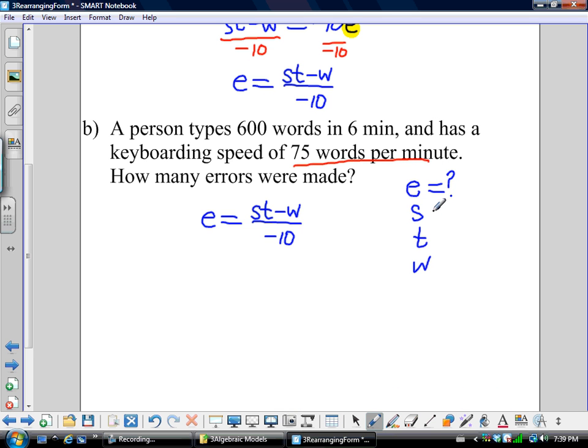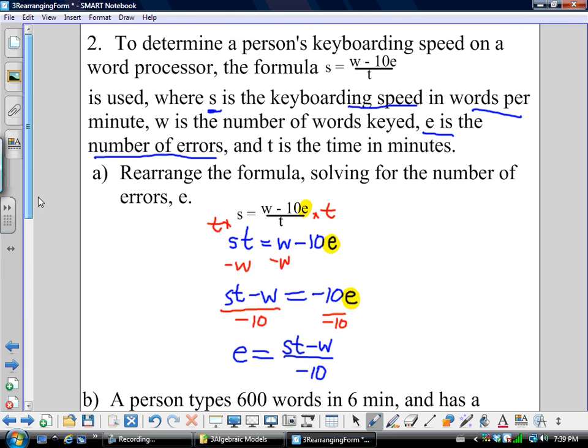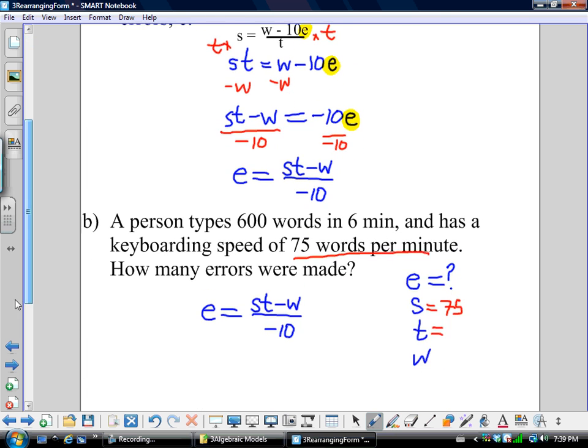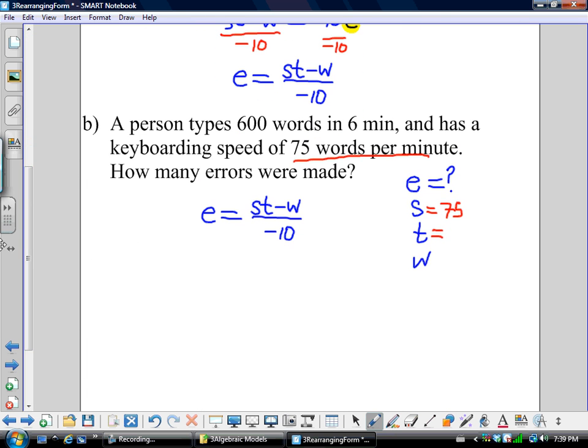So that is what my speed is. T, I imagine, is going to be time, but I'll just go back up and see if that is right. Oh, there it is. T is time in minutes. So we need to make sure ours is in minutes. Well, it says in 6 minutes, so we can put 6 here.